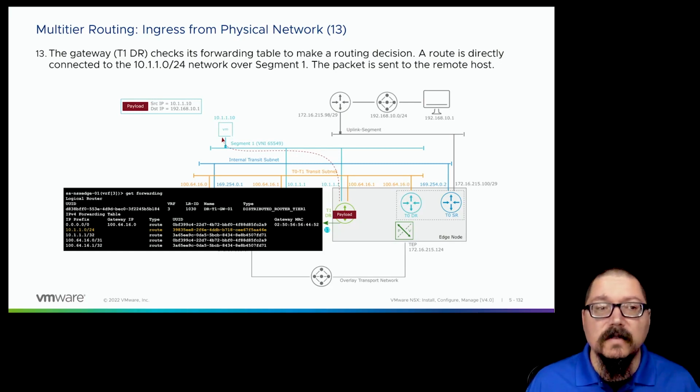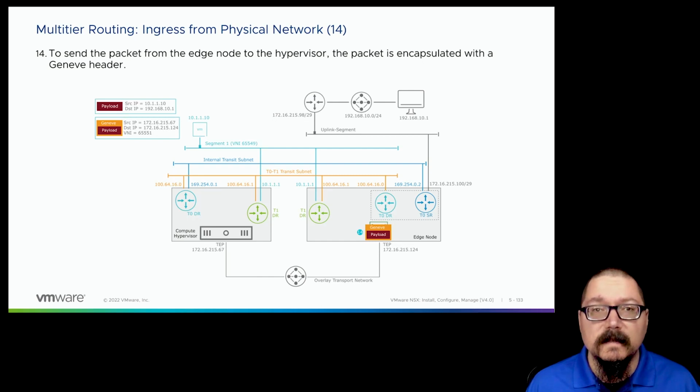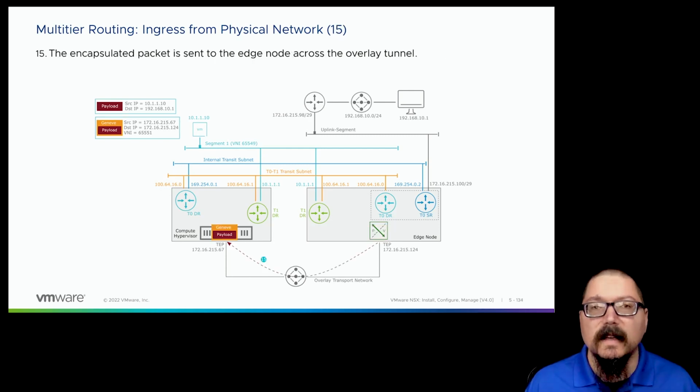So we forward that onto the destination logical switch, which means the virtual switch looks at the destination MAC address, sees that that destination MAC address is serviced by the hypervisor tunnel endpoint. So we encapsulate that frame in a Geneve packet and forward that Geneve packet across my overlay network to the destination tunnel endpoint.